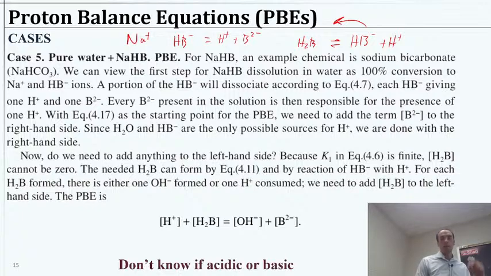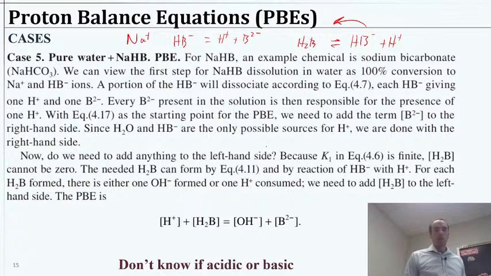So again, on the right, the things that added a proton to solution when we formed it. On the left, the things that added an OH minus when we formed it. So on the left, we've got H plus, on the right, we've got OH minus. We add that B2 minus here for the formation of 1 proton. And on the left, we're going to end up forming an OH minus.